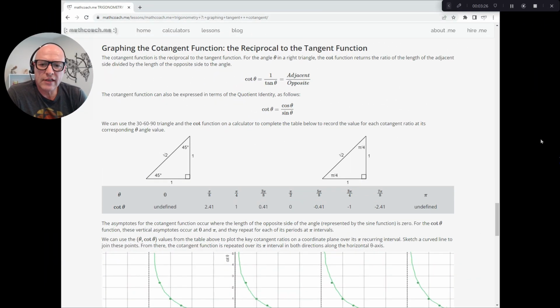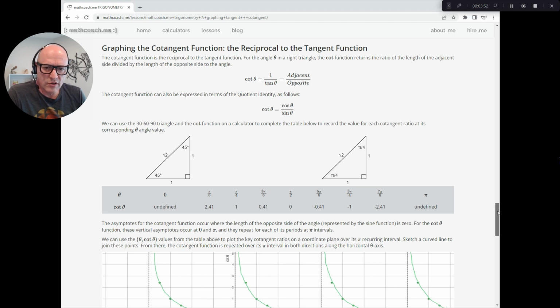Okay, let's look now at graphing the cotangent function. The cotangent is the reciprocal of tangent, 1 over tangent, and its ratio is the adjacent side over the opposite side. Expressed using the quotient identity, cotangent of theta is equal to cos of theta over sine of theta.